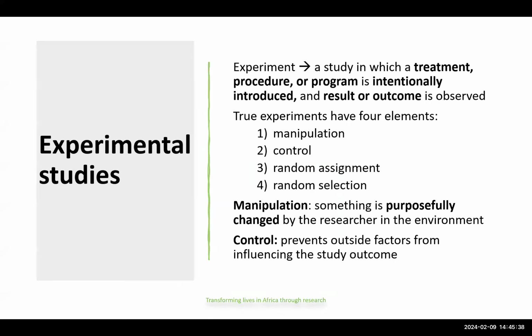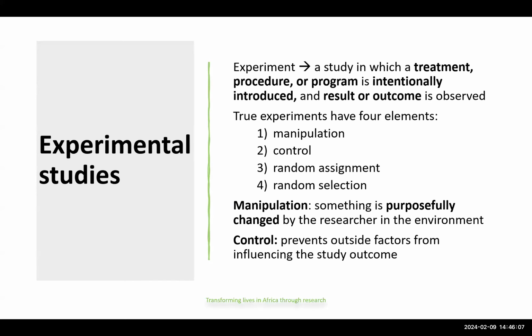I will zero in on experimental studies, like I've said, because I think this is really where we should be going, or how we should be thinking in terms of research in mental health, and actually research in any health outcome that we could be interested in. An experiment, just like the word says, is a study in which a treatment or a procedure or a program is intentionally introduced so that you can look at the outcome and say that the outcome is a result of what we introduced.